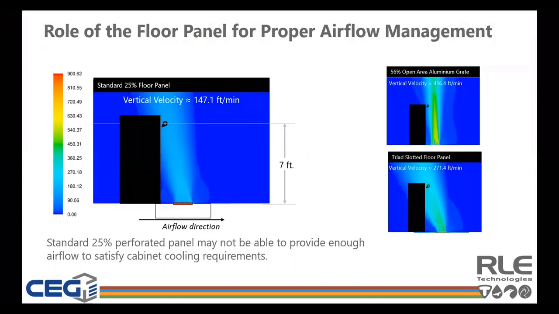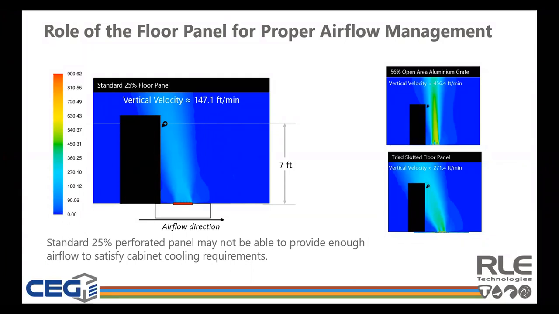Thank you, Rob. The role of airflow panels in a raised floor environment is really to provide enough cooling air in front of a given server rack or racks to ensure that servers remain at safe operating temperatures, ideally without overcooling the space. This CFD, or computational fluid dynamics, model shows a limited airflow velocity with a standard 25% perforated panel.